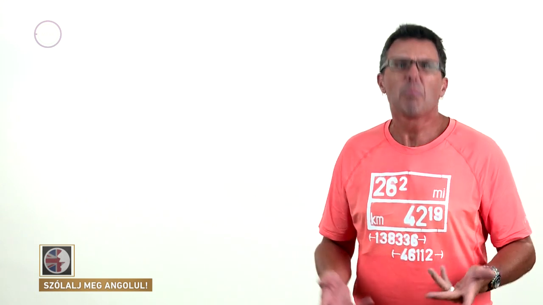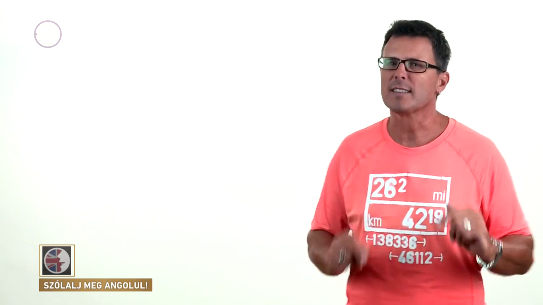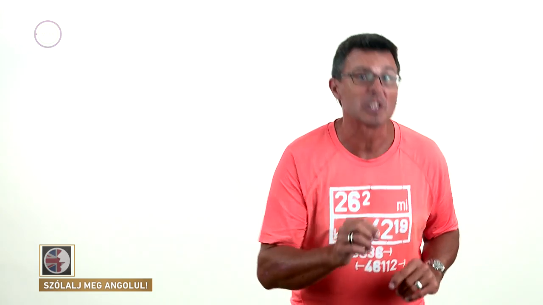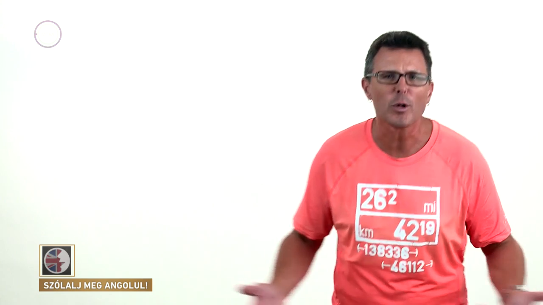Okay, so how did you get on? They were pretty easy, weren't they? Was there anything tricky about those sentences? There was, wasn't there? Did you notice? A couple of the sentences were negative, weren't they? And there was one which was a question. But did that cause you any problems? No, of course not.